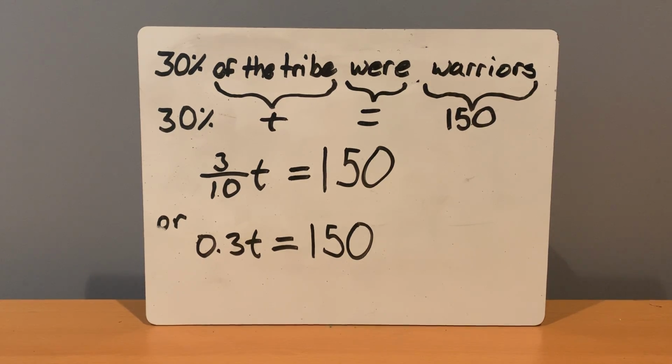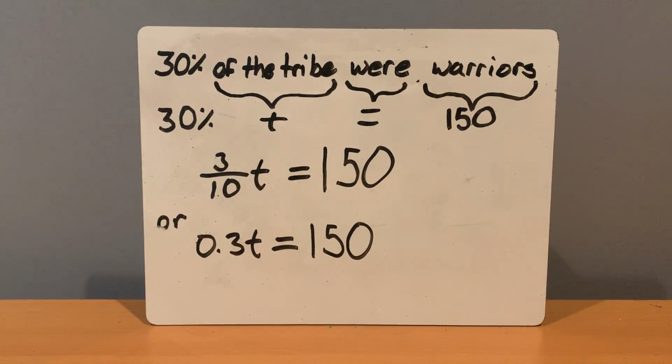Now, the problem tells us that 30% of the members of the tribe were warriors. The entire tribe was the whole group. The warriors were part of the group. We will write an equation using T to stand for the whole tribe. We're told that the number of warriors is 150.